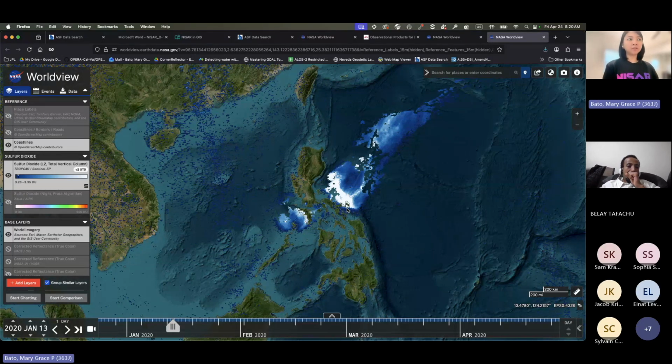So this satellite information helps inform health decision makers, to plan for, for example, constituents or people who can be directly affected by this event.